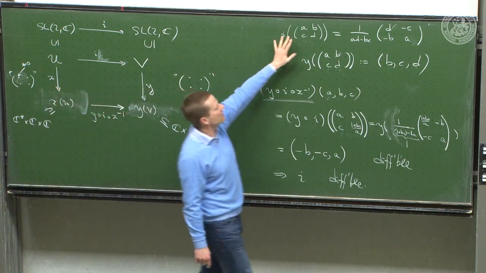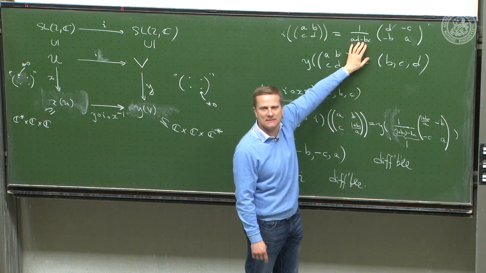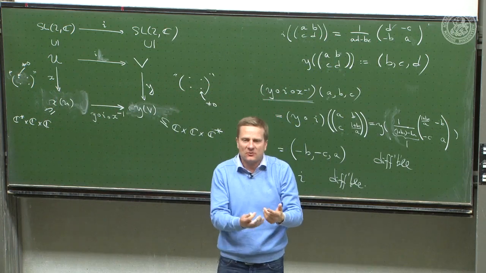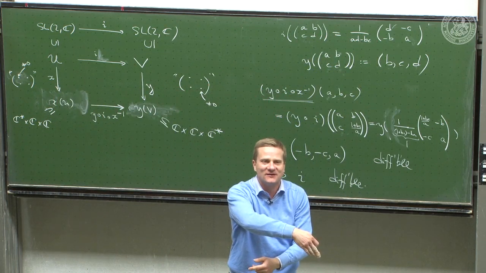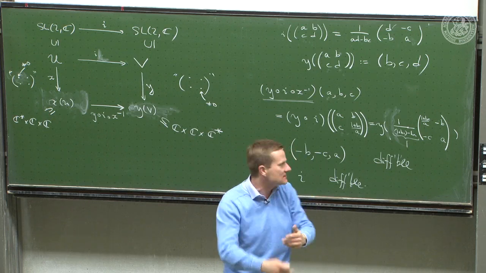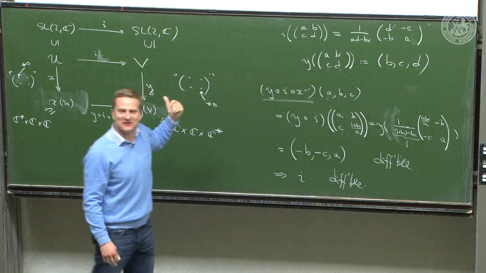So you can decide differentiability here, but then you always have to keep in mind this constraint that AD minus BC is 1. Well, how do you mix that with your question about whether it's differentiable or not? Well, you have to distinguish between various cases when this is 0 and that is 0. Yeah, but that's exactly the chart construction.